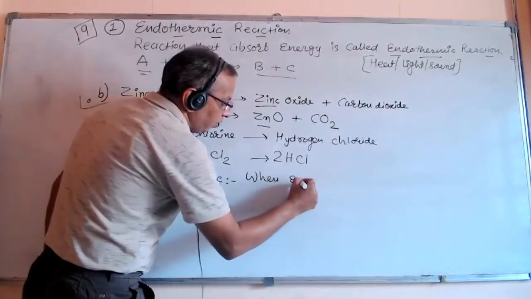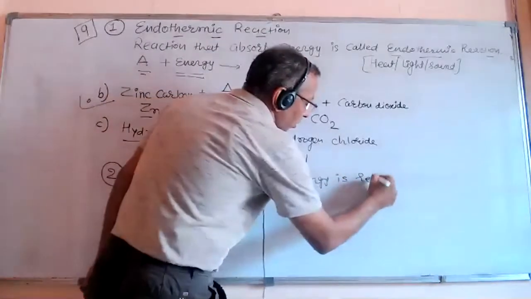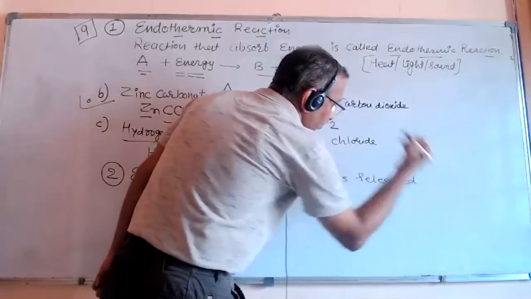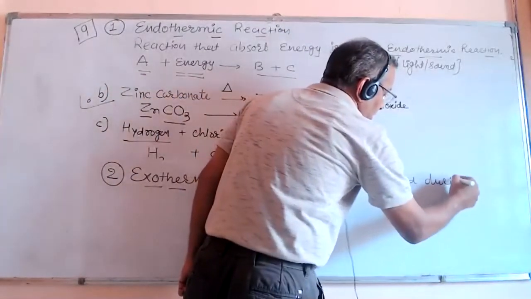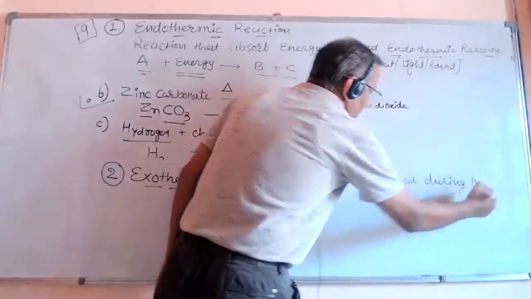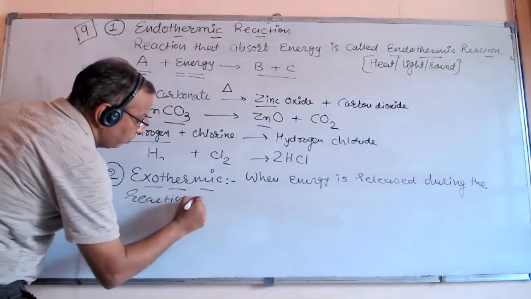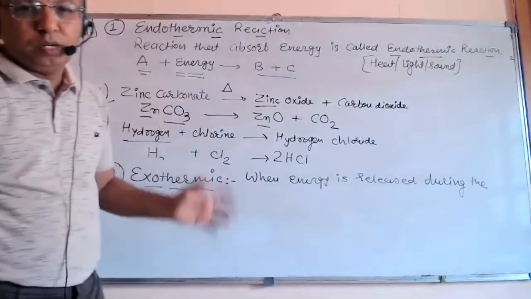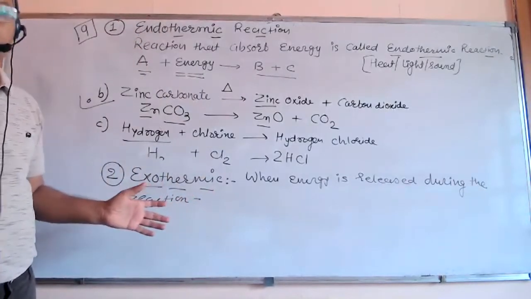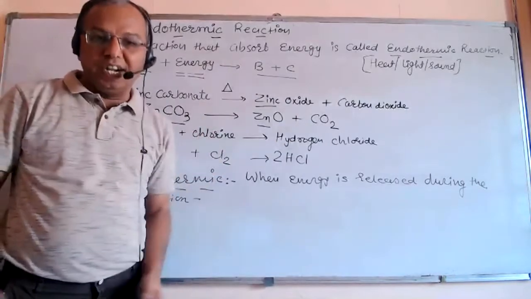When energy is released during the reaction, it is called exothermic reaction. In exothermic reaction, normally energy is to be written on right hand side.